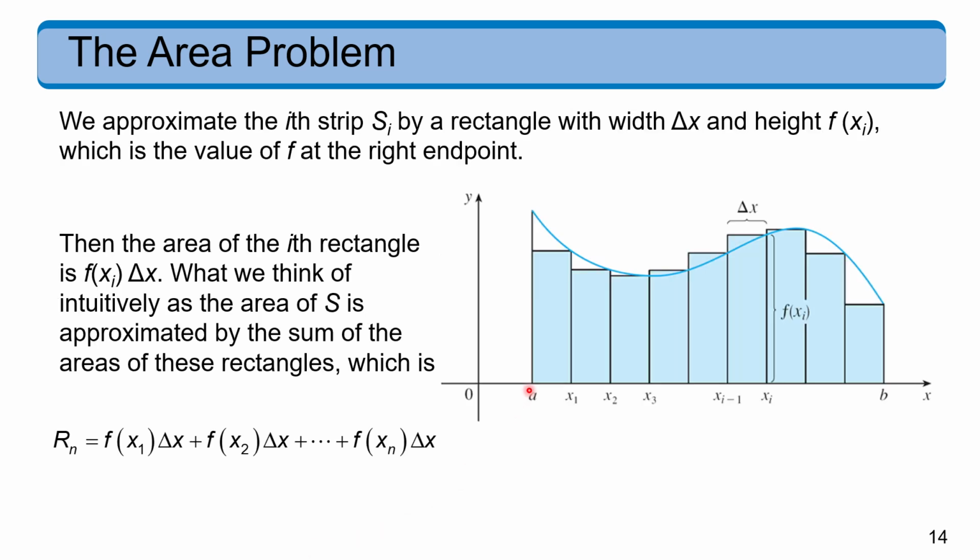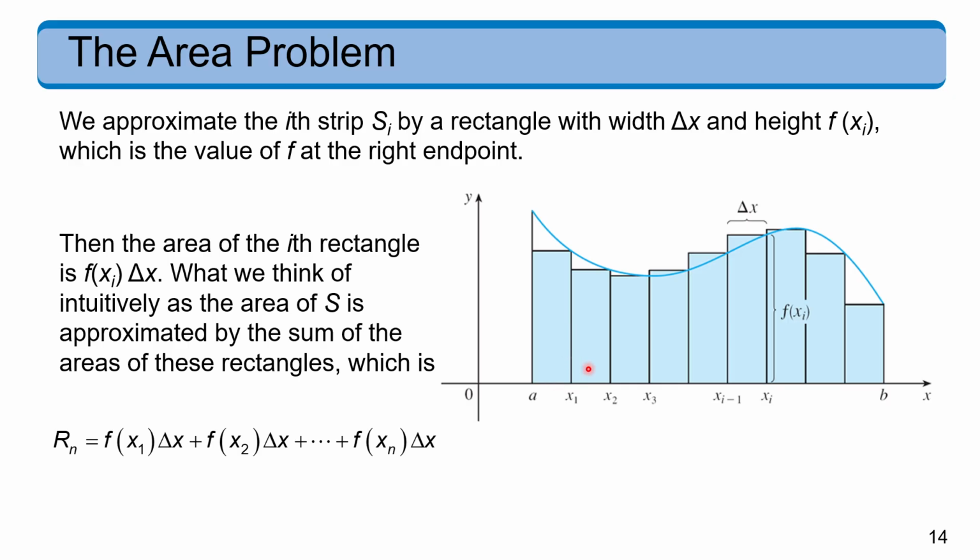So now we've established our n strips, and the strip is referring to, like, the first strip is the area below the curve in this first subinterval, so just this region here. Second strip, region below the curve here. Now each strip is going to be approximated by a rectangle.